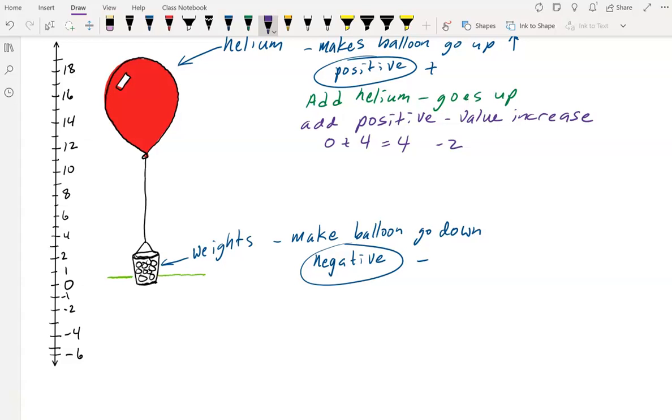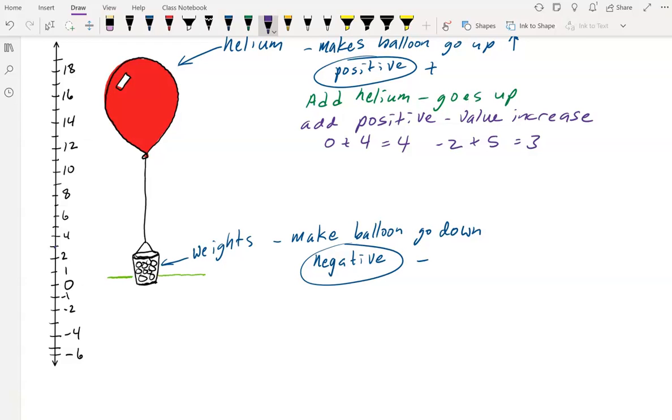It's floating, the cup is sitting at -2, but you add 5 units of helium. Well, it's going to go up 5. 1, 2, 3, 4, 5. And where is that? Well, that's at 3.